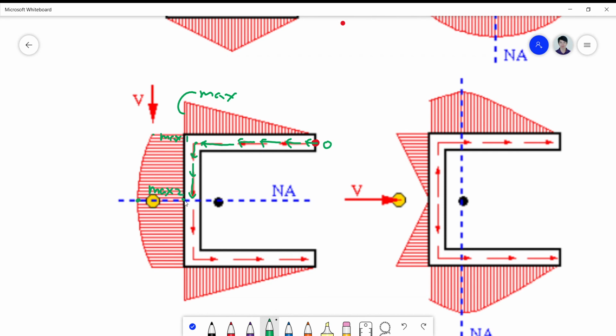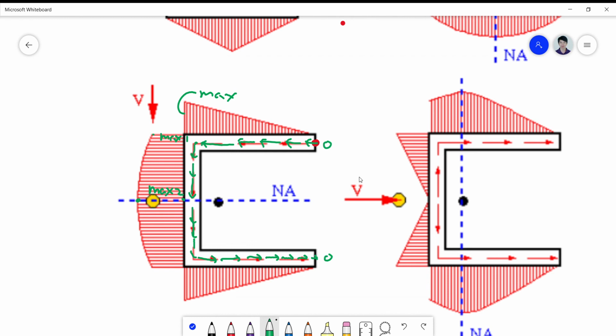So of course this is much bigger in terms of the stress value, but they are both considered maximum values at the corner, maximum values at the neutral axis. Then it suddenly decreases back to a maximum, then finally decreases into a minimum until it reaches 0.